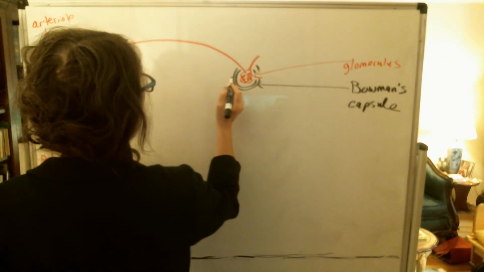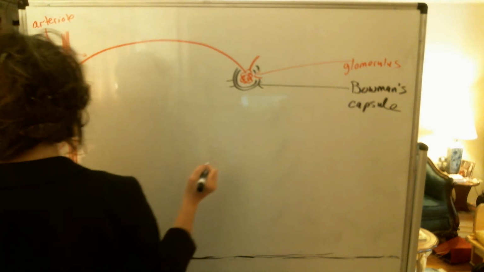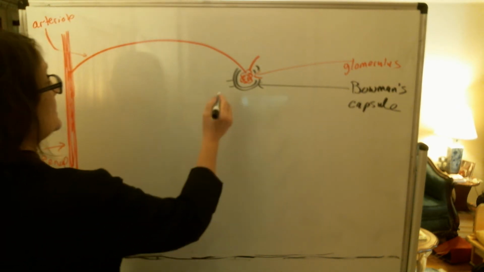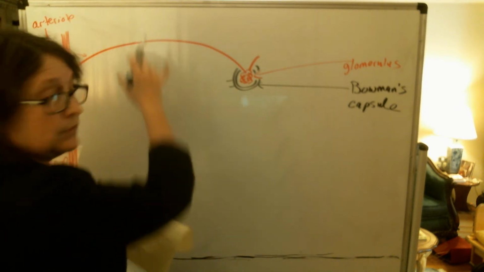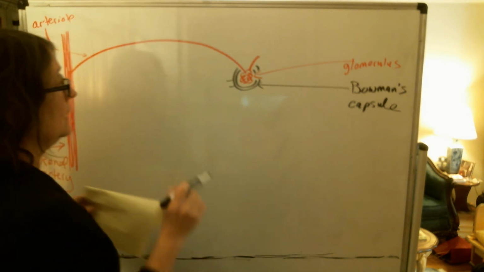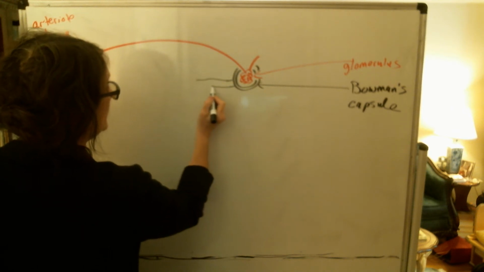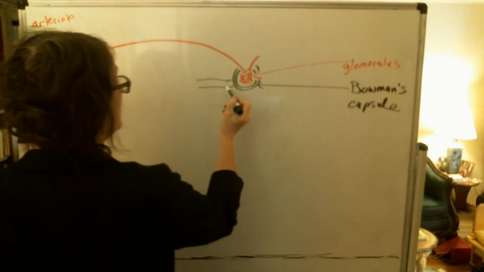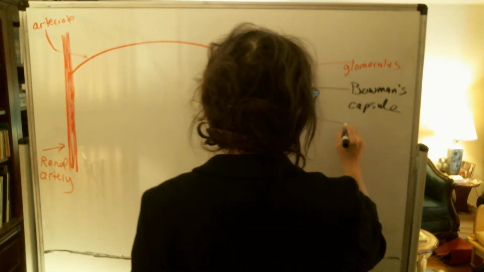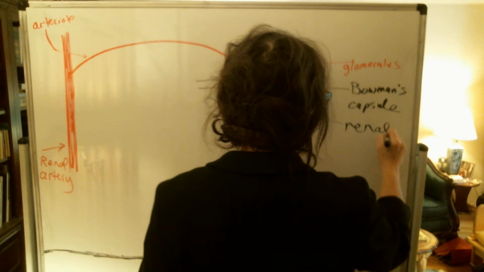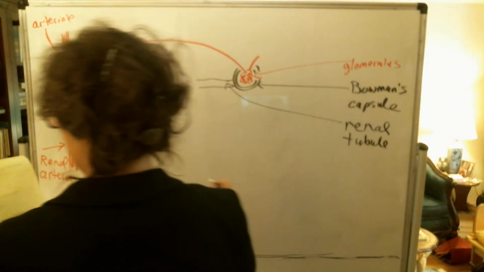And then what happens is that we have the renal tubule coming out of Bowman's capsule. I'm leaving out a lot of details of the convolutions of this tube here. But the point is, I'm also not drawing it to scale, but here you have the renal tubule.